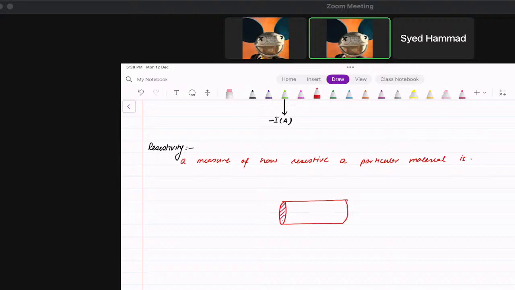This has a cross-sectional area A, and it has a length L. So what you're going to remember is that resistance really is proportional to length, which means that the longer the length, the higher the resistance will be.